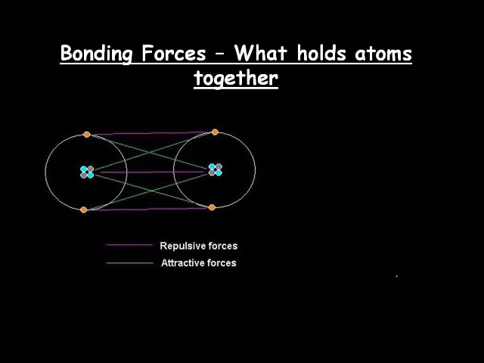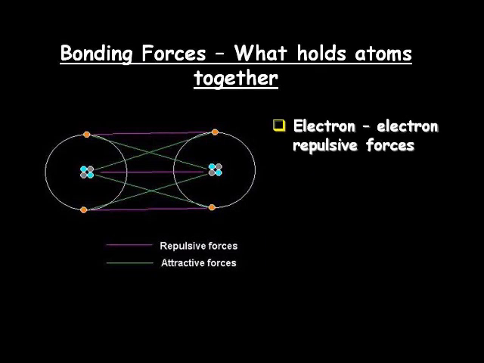So when we talk about bonding forces, this is what holds atoms together. They're made up of attractive and repulsive forces. If we remember, the atom is made up of protons, neutrons, and electrons. Since neutrons have no charge, they're not going to be involved in these attractive or repulsive forces.